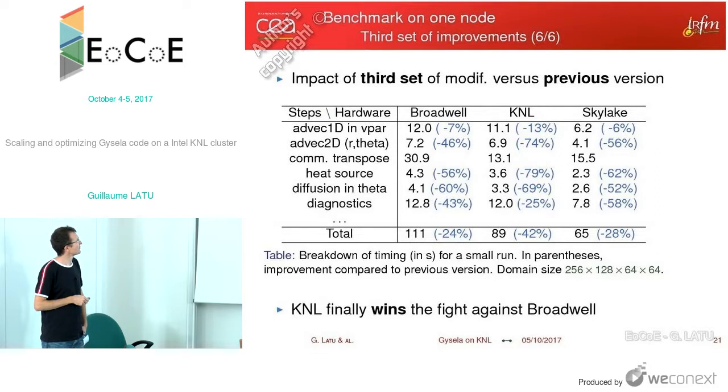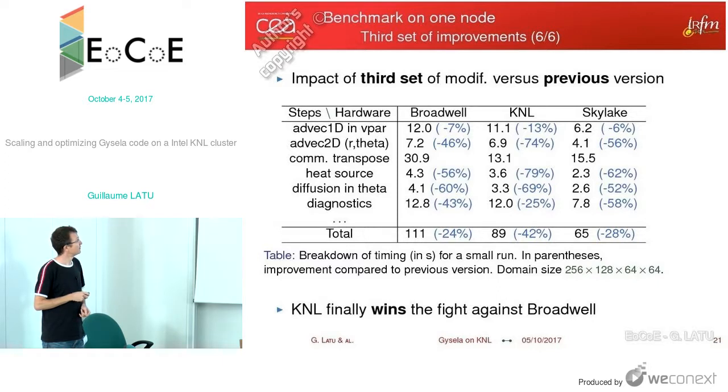parts. So the auto-tuning you see here has really a large impact on KNL because we really can have a good vector size in order that the compiler gives the best results in terms of execution time.